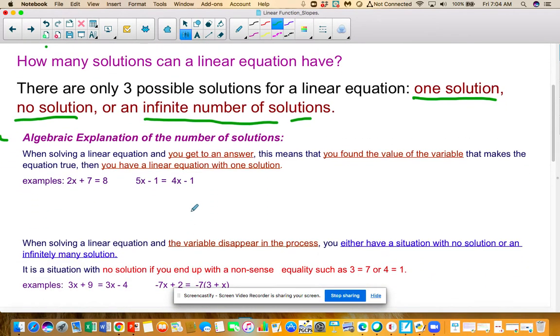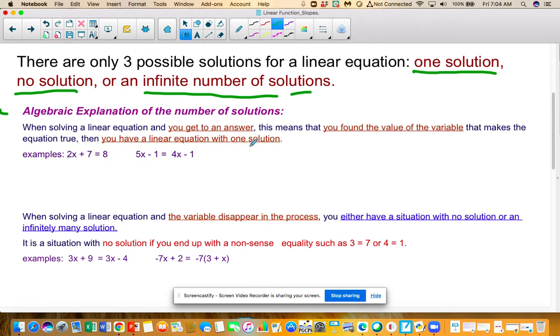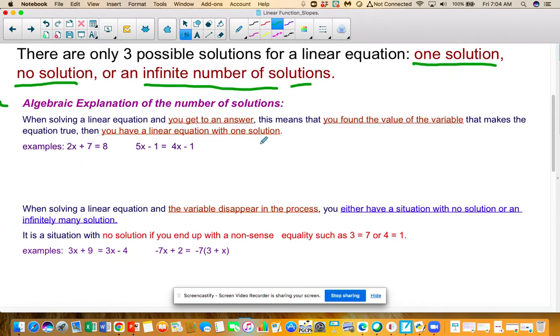So let's move forward. Now I'm going to explain this in two ways. One way is the algebraic explanation of the number of solutions. Algebraic explanation means that if you decide to solve a linear equation, what are the possibilities you may have, right?